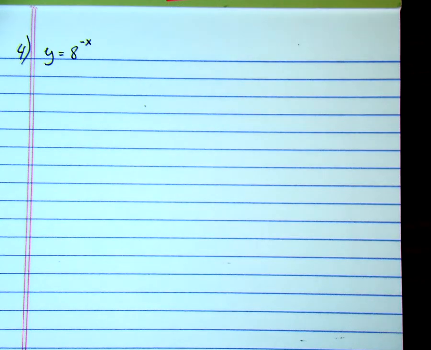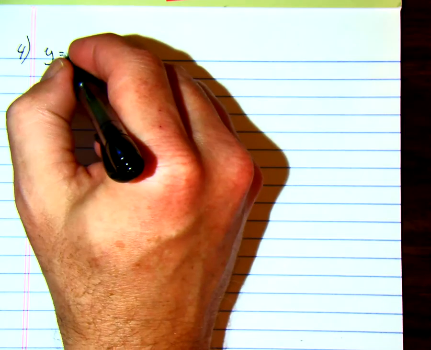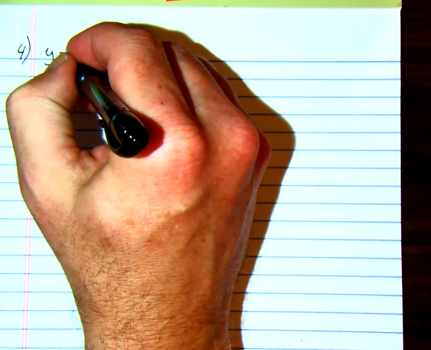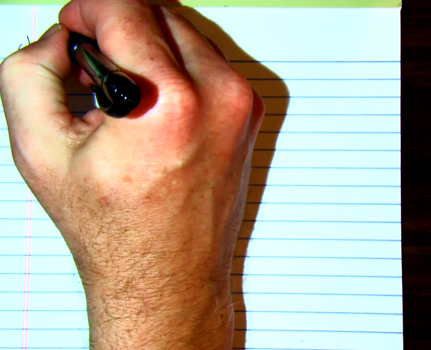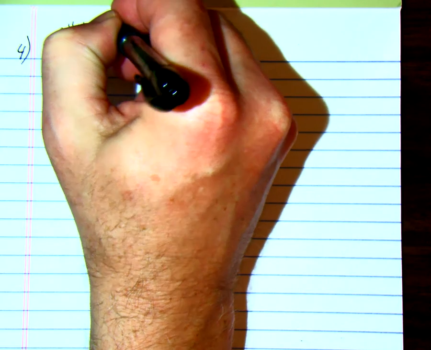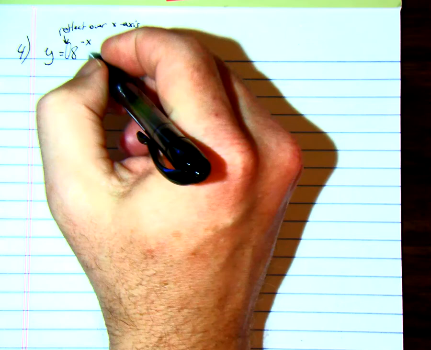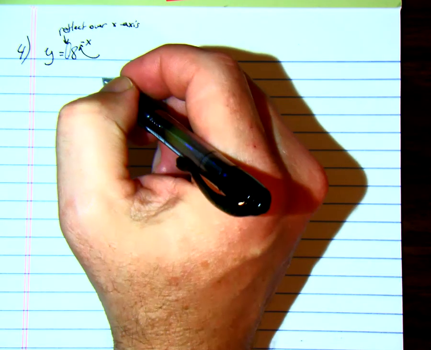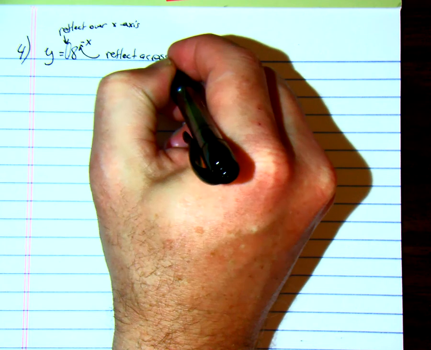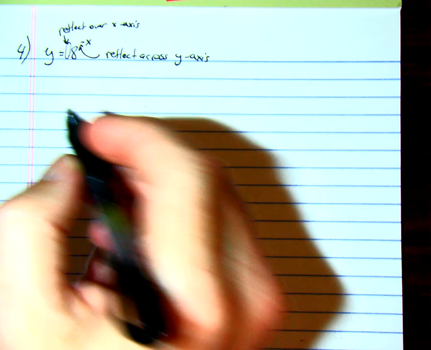We talked about earlier, if I put the negative sign in front, this causes it to reflect over the x-axis. If we put the negative sign in front of my exponent, this is going to reflect across the y-axis. So let's take a look at that and talk about why, all right?